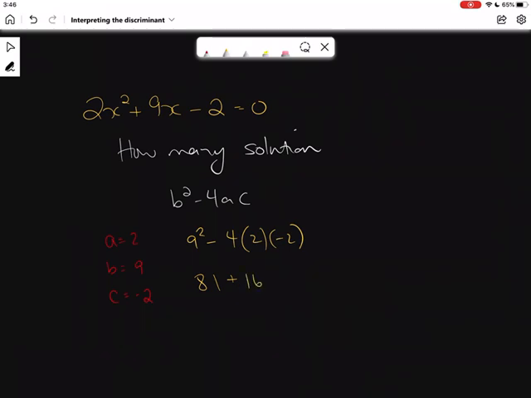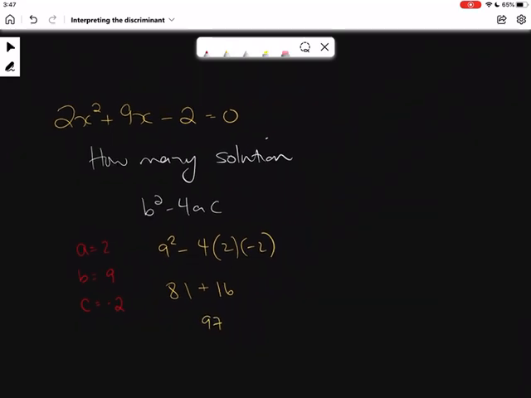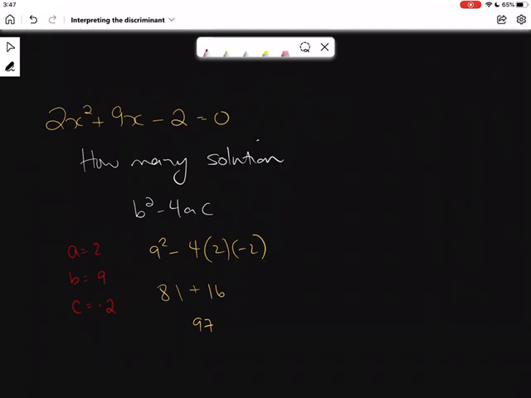That makes my discriminant, the expression underneath the radical, the number 97. I don't really care even about the rest of it. When I substitute my a, b, and c into the quadratic formula, I'm not too concerned about this. I just know that this number is going to be 97.